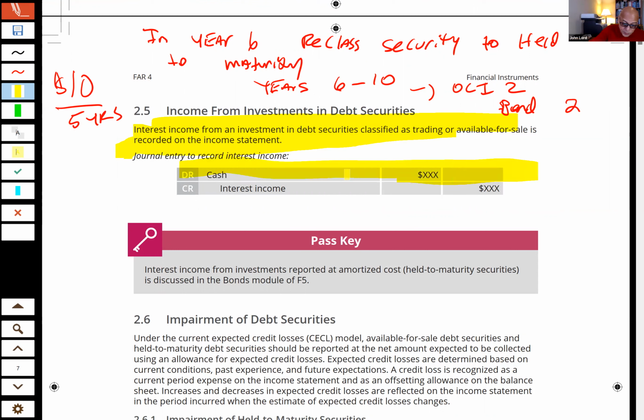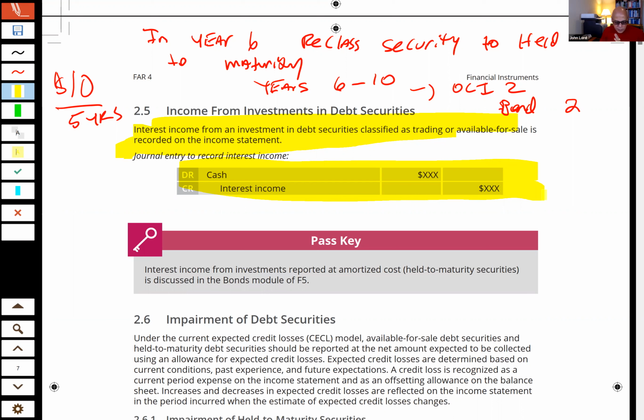I guess they're making sure we understand that not only would you be doing the things that affect net income for trading and other comprehensive income for available for sale, not only would you have the effects as the value changes, but you'd still be taking the interest on the income statement. And of course, the interest for a held to maturity bond would also hit the income statement.